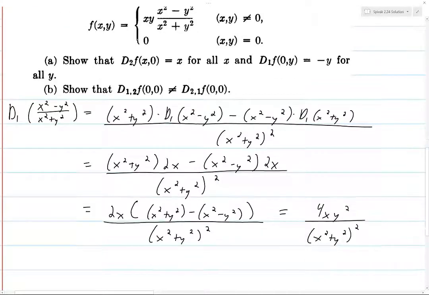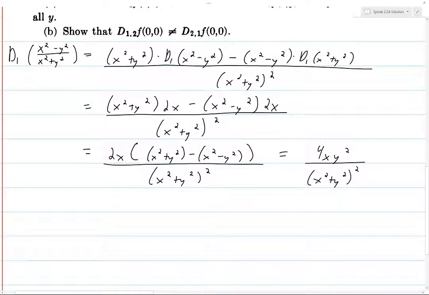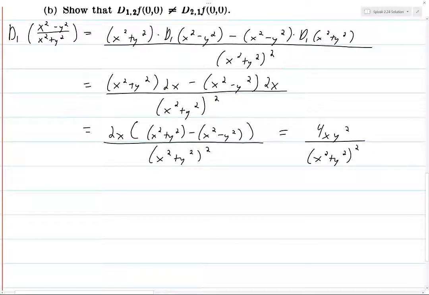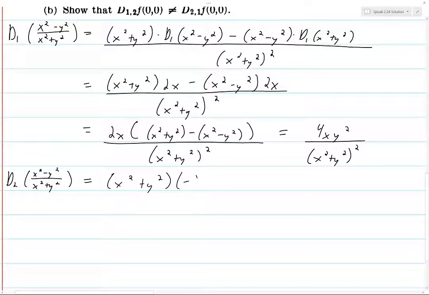We get a similar thing if we evaluate d2 of this. If we take d2 of x squared minus y squared over x squared plus y squared, we get x squared plus y squared times the derivative with respect to y of x squared minus y squared, which is minus 2y because of that minus sign. Then we subtract x squared minus y squared times d2 of x squared plus y squared, which is positive 2y.